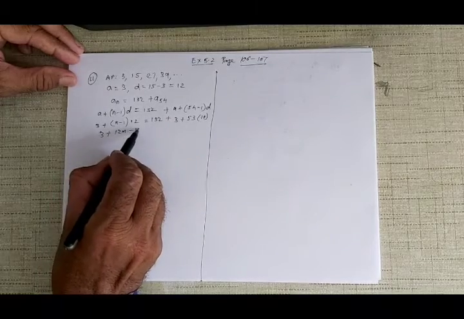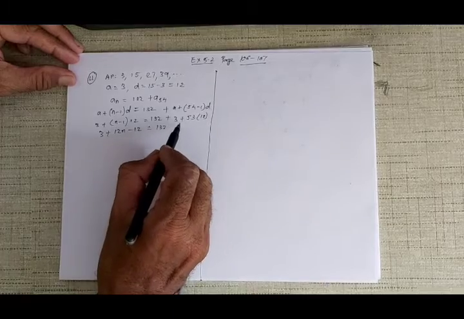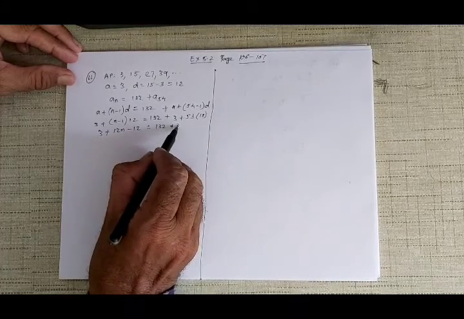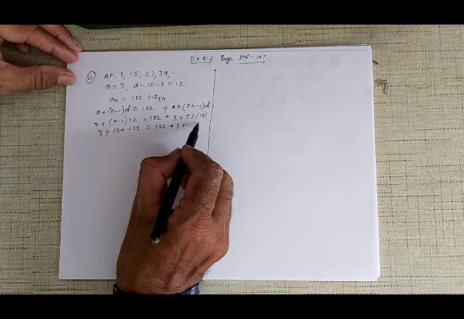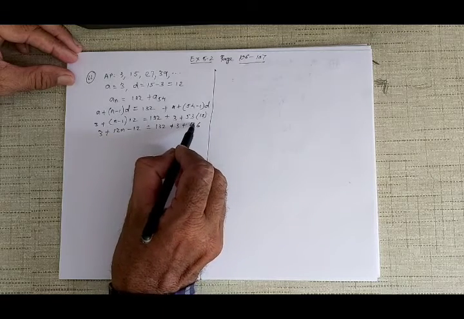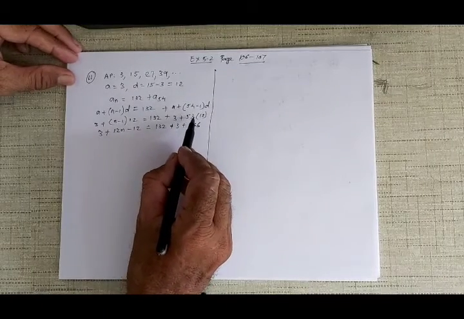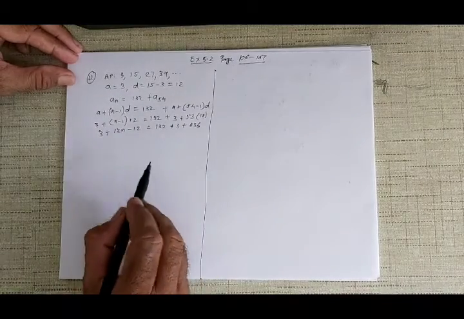Now you can cancel out whatever is possible. 12n minus 12 is equal to 132 plus 3 times 53, plus 12. 12 3s are 36, 12 5s are 60, plus 3 is 63.